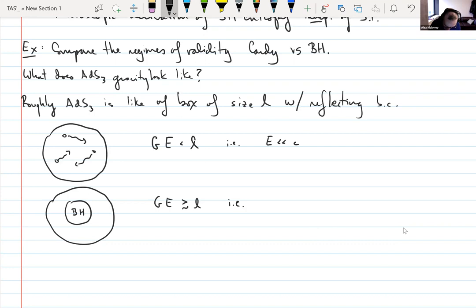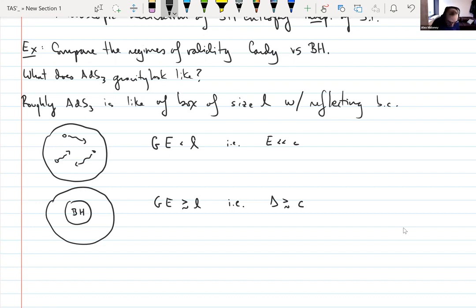So that means that you're going to have black holes when delta is larger than or of order the central charge. Okay. So roughly speaking, you expect that CFT states with dimension less than the central charge describe perturbative stuff, bigger than the central charge describe black holes.